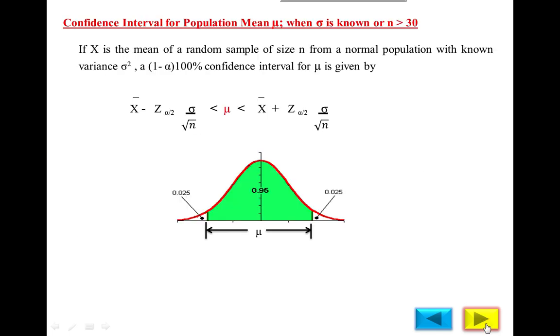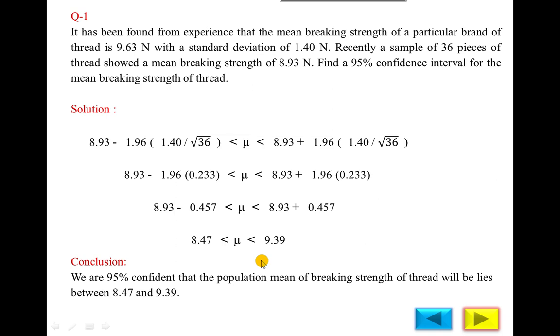If any given value is outside the range, it indicates reject the null hypothesis. If the value lies within the range, it means accept the null hypothesis. Here we are using the same data, so you can compare with the previous testing of hypothesis question. We rejected the null hypothesis. So the range of the population mean will lie between this and this.